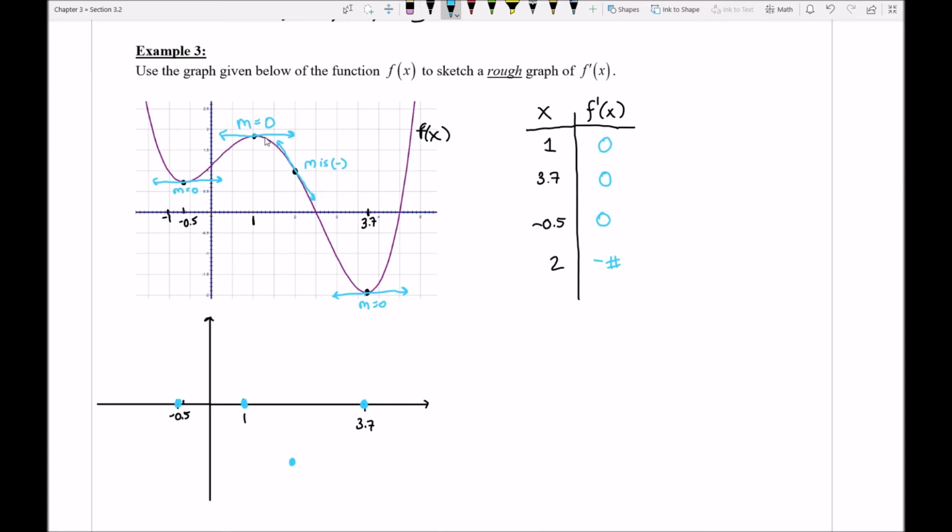Notice that tangent lines that are close to 1 are going to have not as steep, not as negative of slopes. Maybe a slope of like -1 versus -3 or something like that. And then the slopes get more and more negative. They get really negative, but then notice that slopes down here start to level out. They become less negative as I approach maybe that point around 3.7.